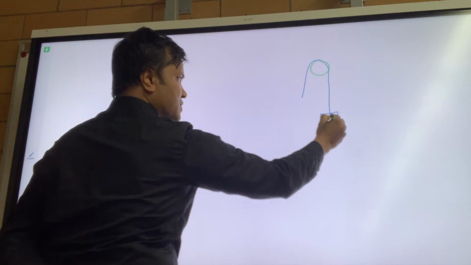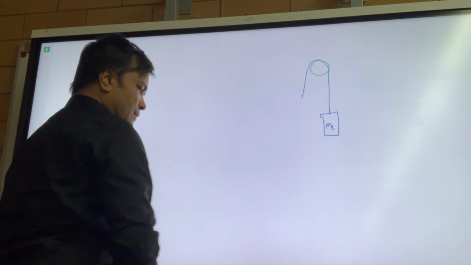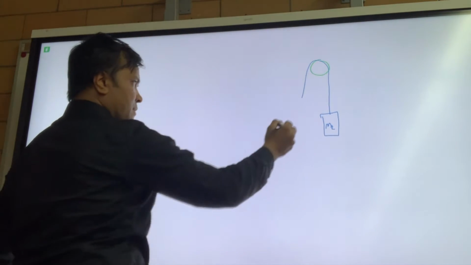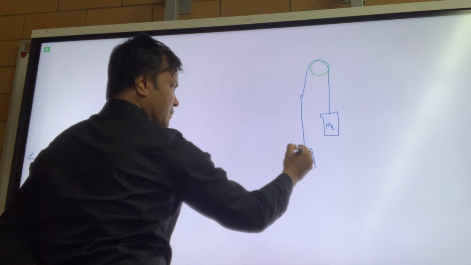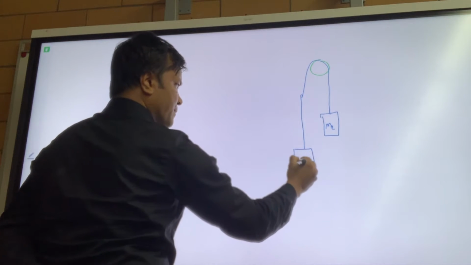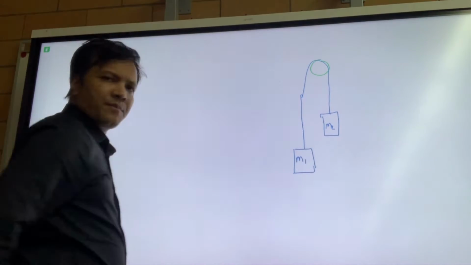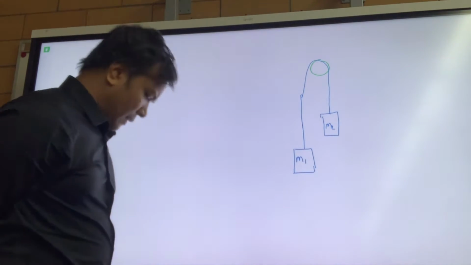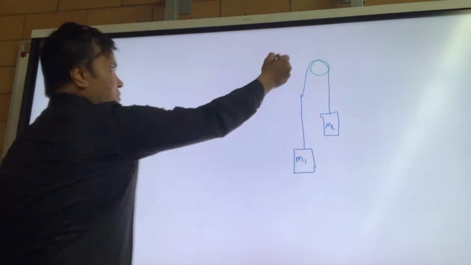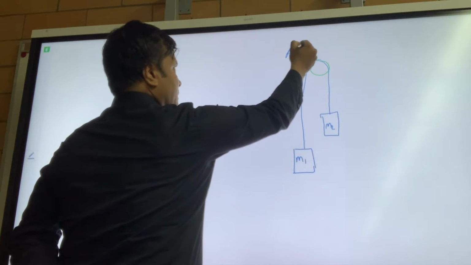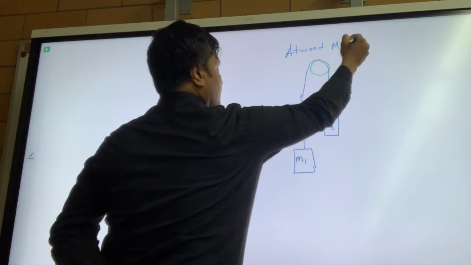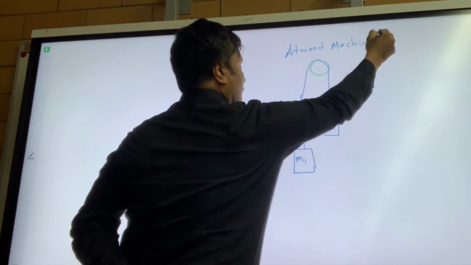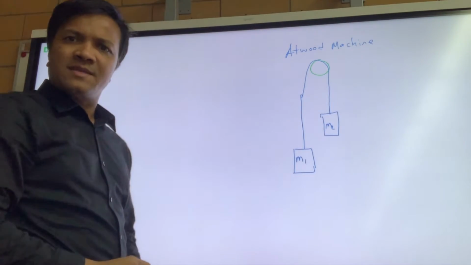This is mass number 2 and this one is mass number 1. This is called the Atwood machine, or sometimes it's called the elevator problem.